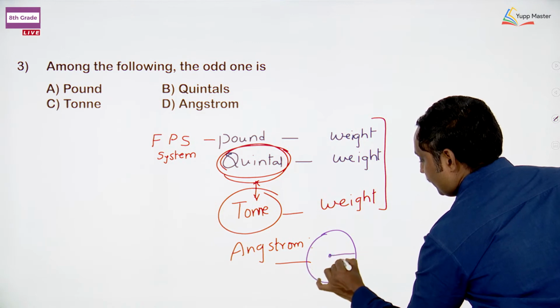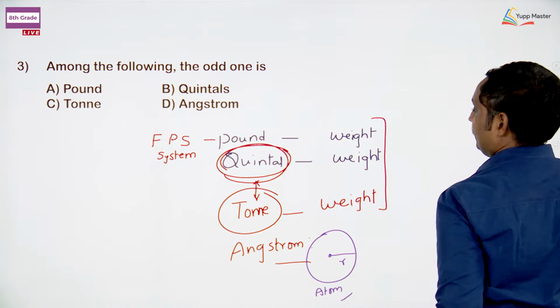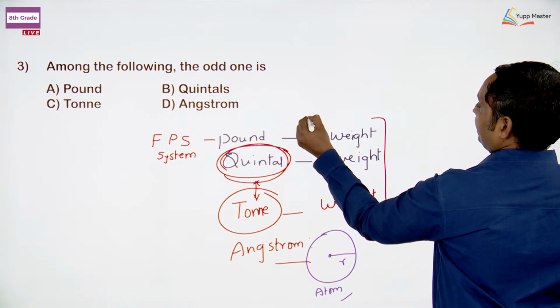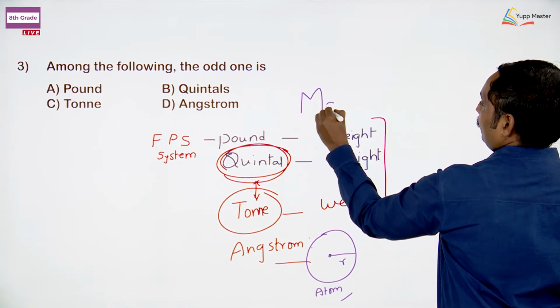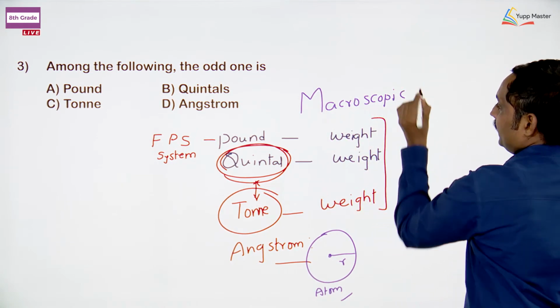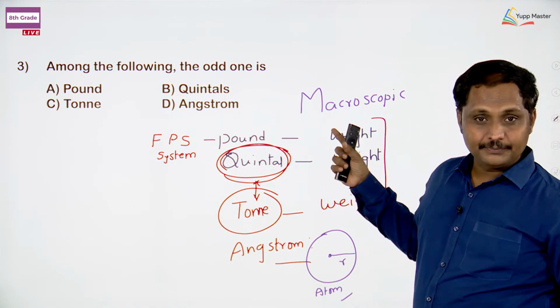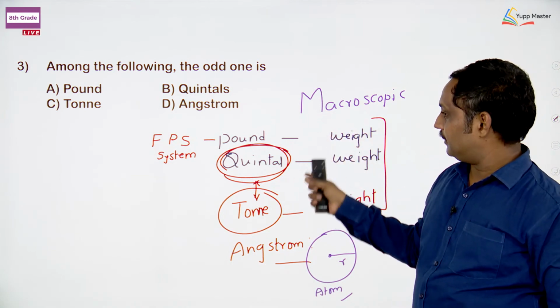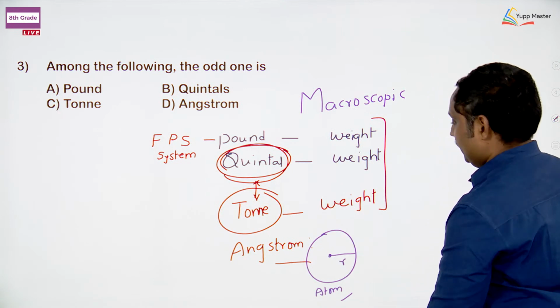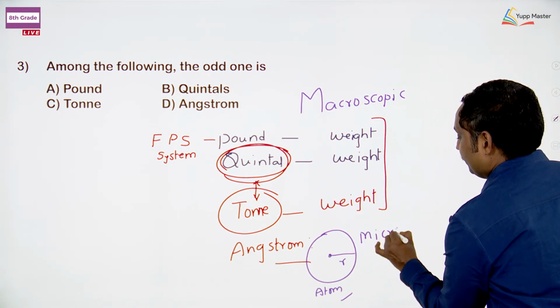You can take that. This is the atom. These are all going to measure macroscopic phenomena. These three are dealing with macroscopic phenomena. But this is the atom, which is microscopic.